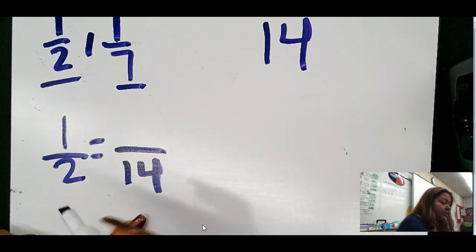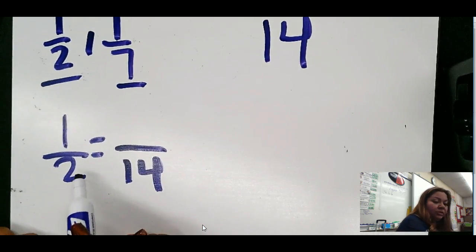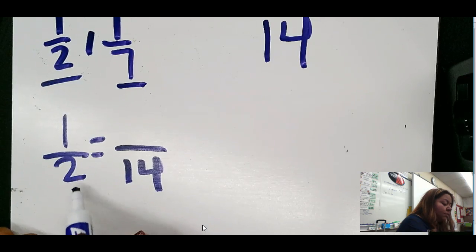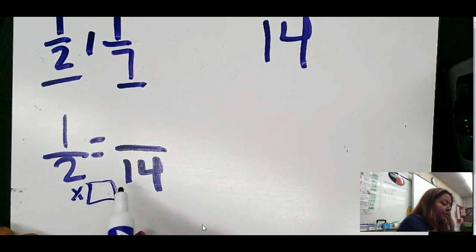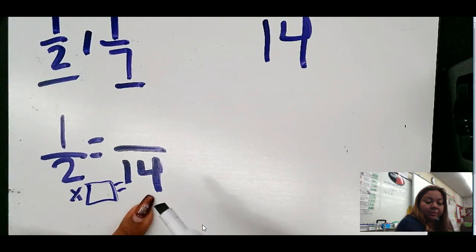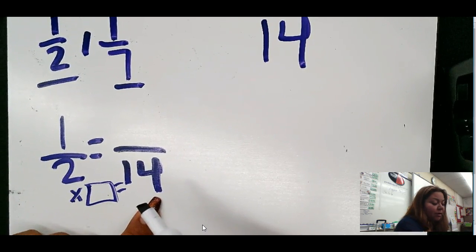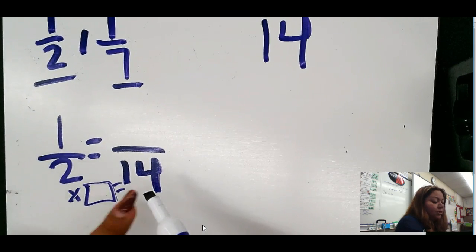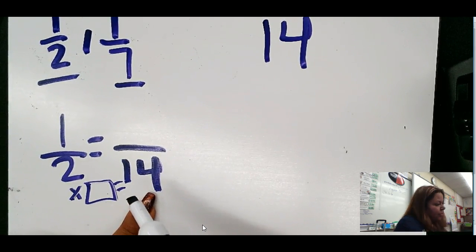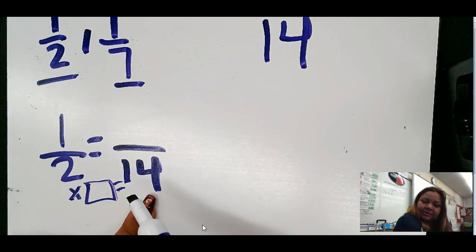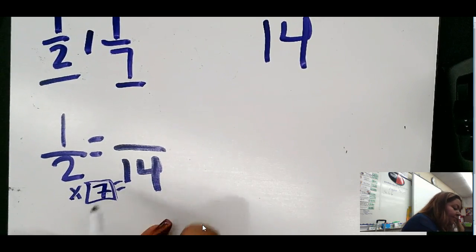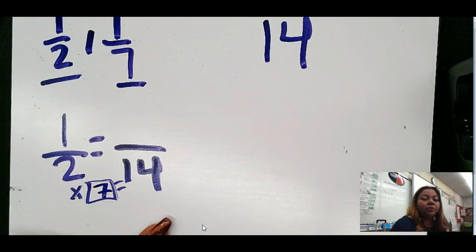This is how we're going to find it. You think to yourself, okay, you have 2. What number do I need to multiply it by that would give me 14? Because we need to have 14 in the denominator, since that's our common denominator. What number times 2 will give me 14? Think. Oh, I know, 7. So 2 times 7 equals 14.